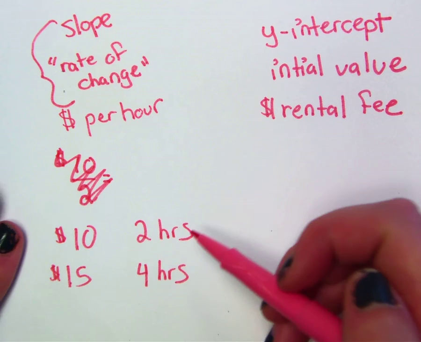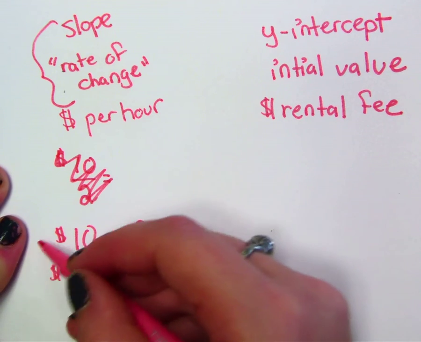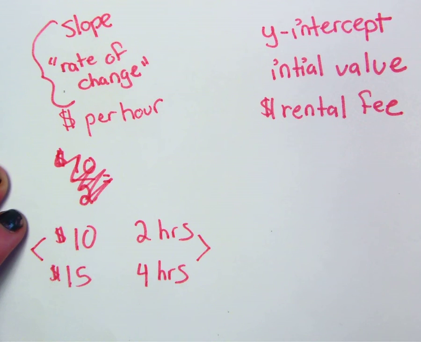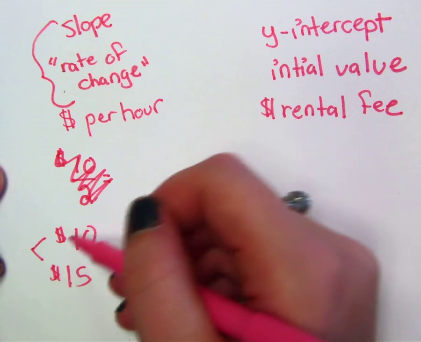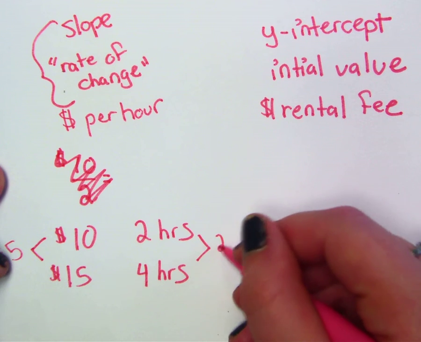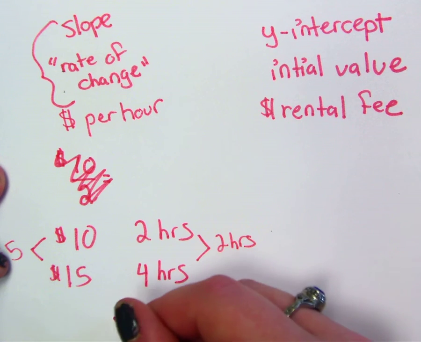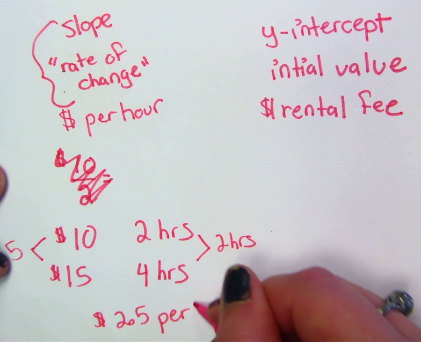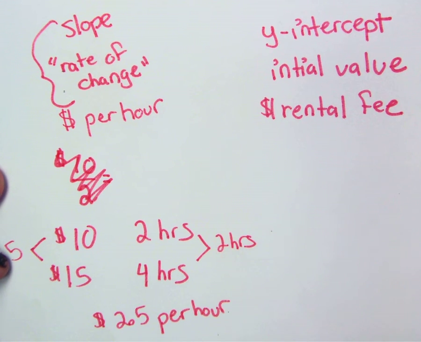So it looks to me what they're doing is they are charging extra money for every 2 hours. So what I can say is, okay, they charged me $5 over 2 hours, so that should be $2.50 per hour. And you didn't have to do it this way.